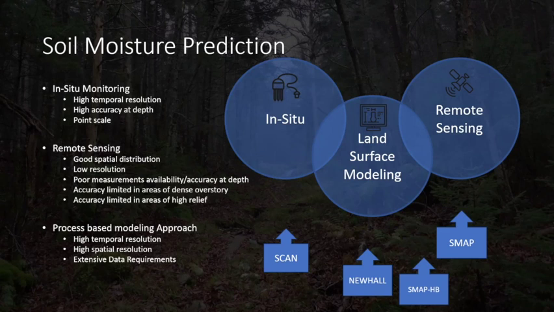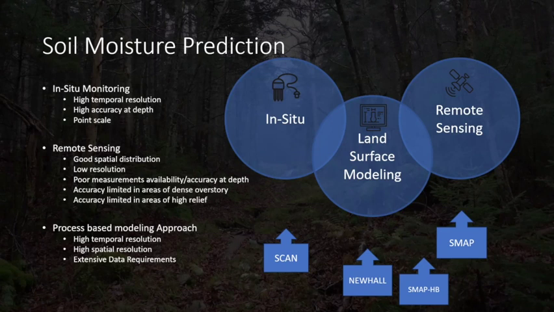We also have remote sensing measurements, which are valuable. They give us excellent spatial distribution, but as a consequence, we get low resolution returns. One of the drawbacks to remote sensing measurements is that we have poor measurement availability and accuracy at depth. Typically, as you've learned, that L-band is giving you returns at your top 5 centimeters. And while there are modeled products that'll get deeper, that's still one of the drawbacks to that technology.